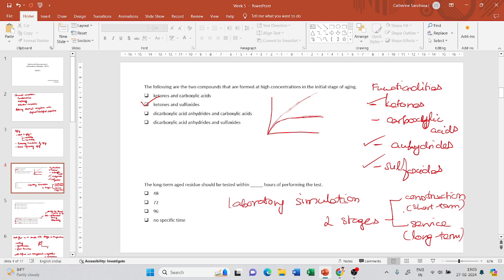And then you can evaluate the bitumen. But that cannot be the case, right?